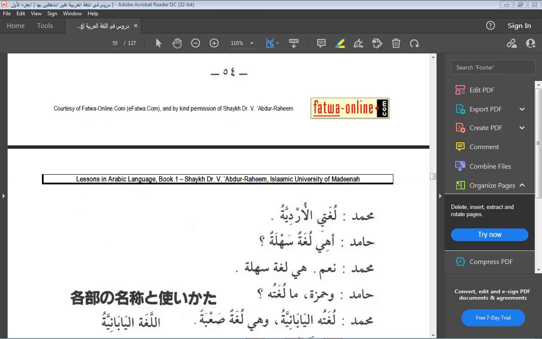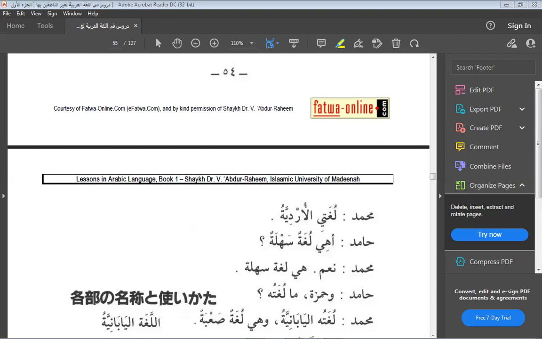Let's see. When we have 6, we have sittun, and then we can have 6, sittatun, with ta marbuta, like this. The first one, sittun, without ta marbuta, is masculine.